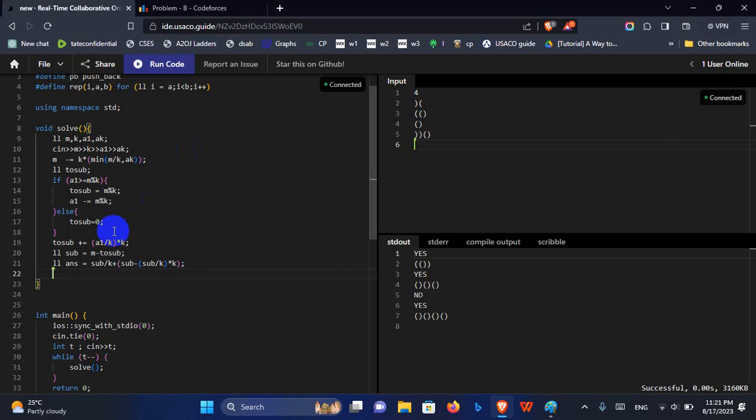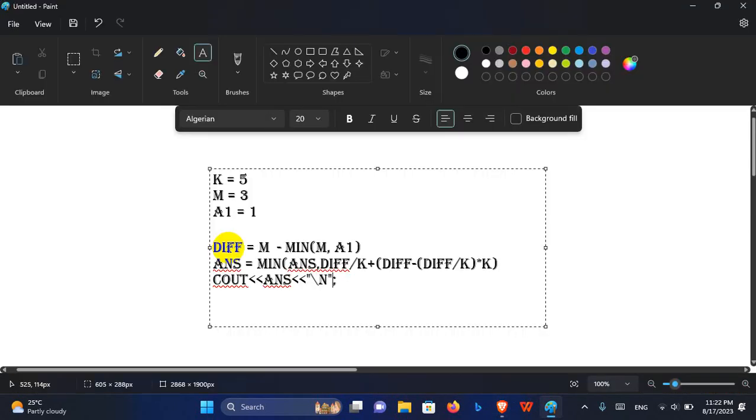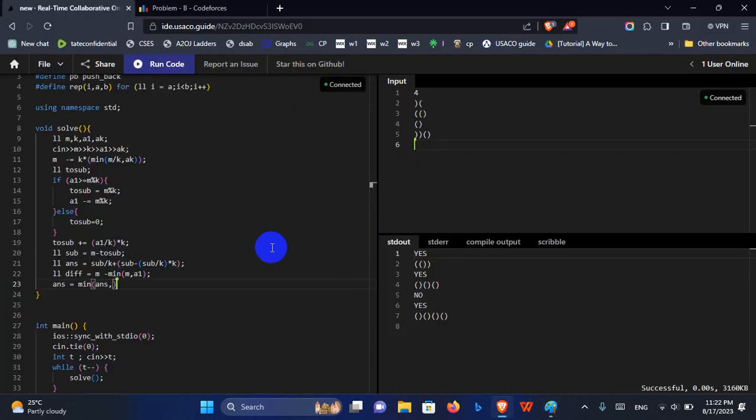So now we need to consider this part also, long diff equals m minus minimum of m and a1. So answer would be minimum of answer first, and this diff plus diff minus diff over k times k.